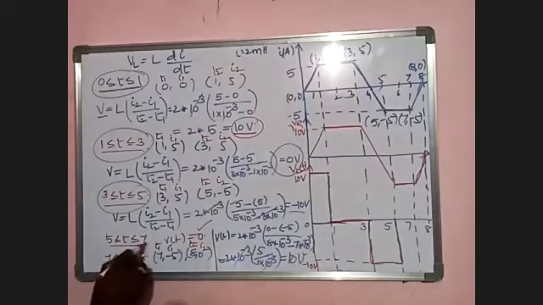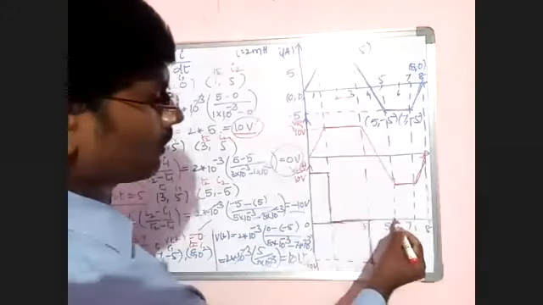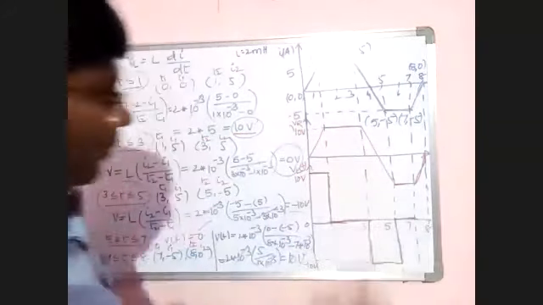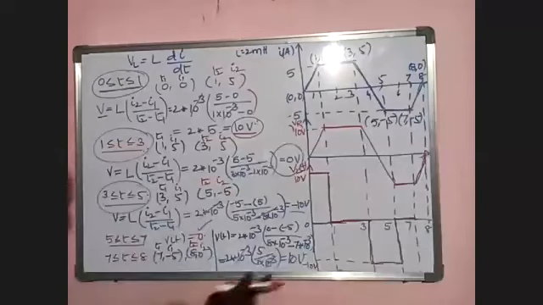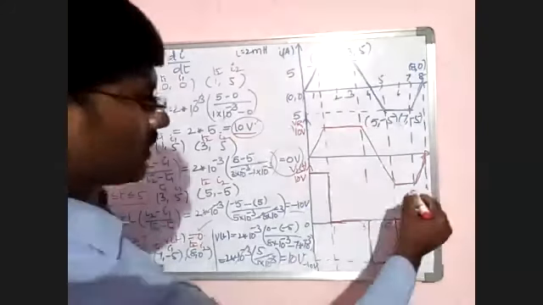And from 5 to 7, it is 0. And from 7 to 8, how much? Plus 10.